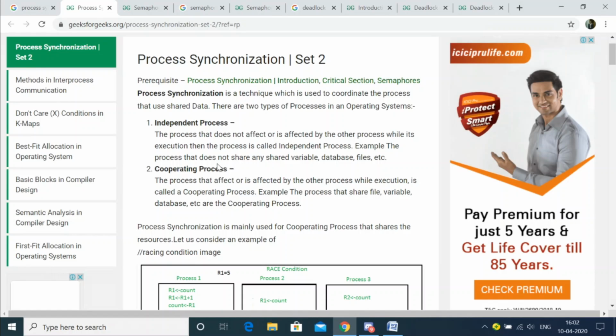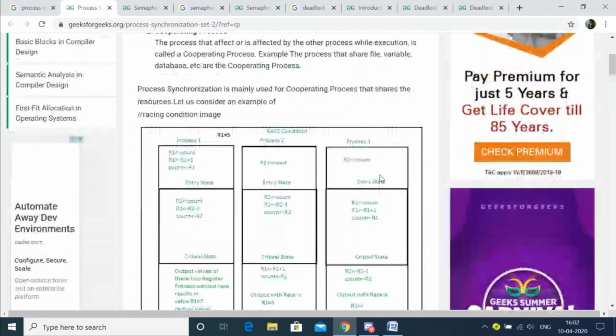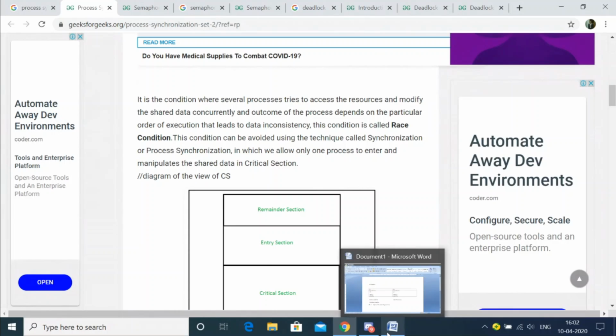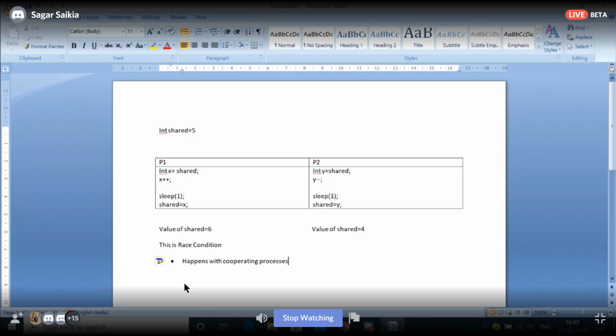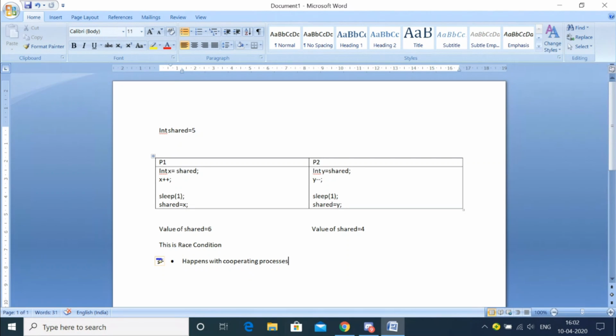For example, here a code is given, which I have simplified and written here. Suppose we have two processes, P1 and P2. It is a code snippet. At the top, you can see there is a global variable called shared, and its value is assigned to be equal to 5.